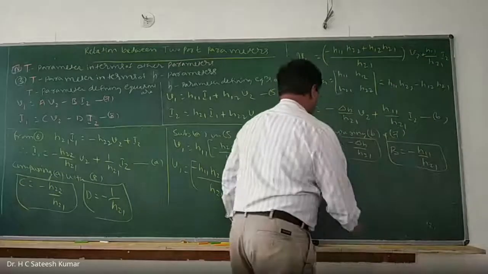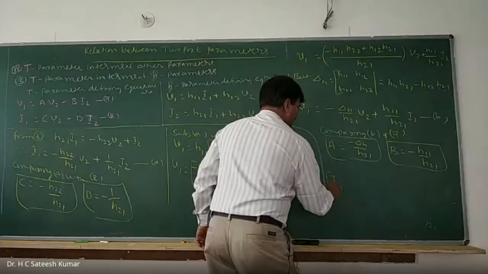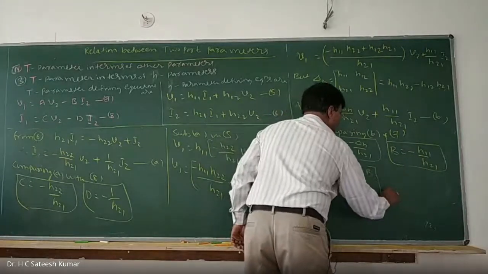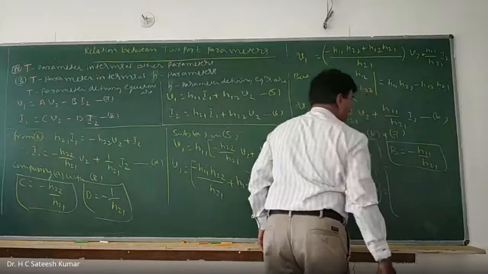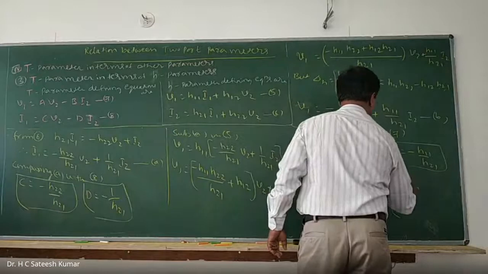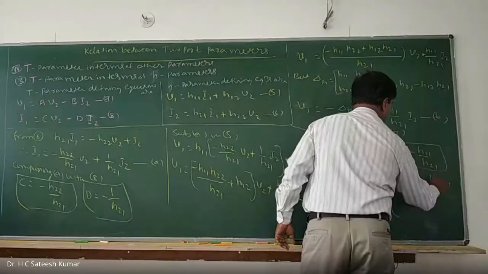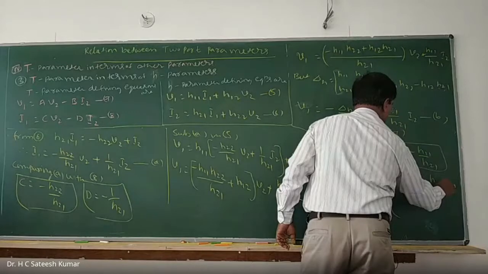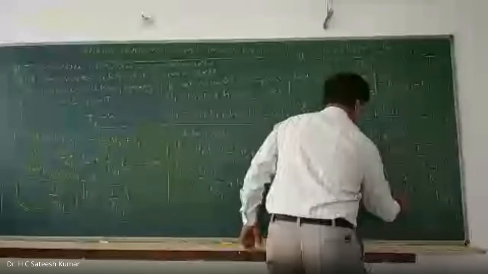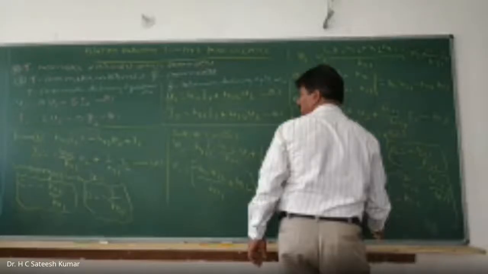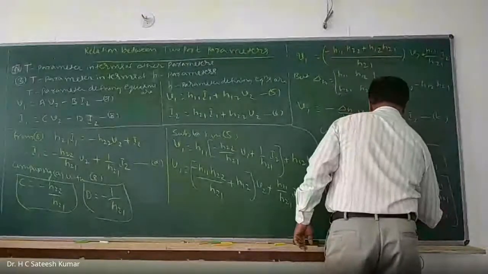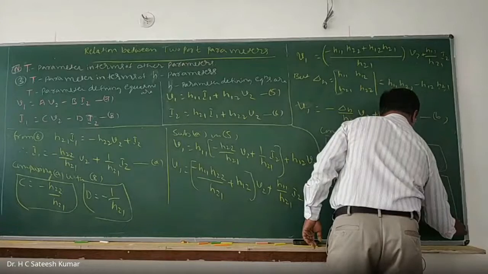Okay. So therefore, the T parameter matrix representation is A, B, C, D, and this can be represented in terms of h parameters as A is minus delta H divided by H21, B is minus H11 divided by H21, C is minus H22 divided by H21, D is minus H1 divided by H21.